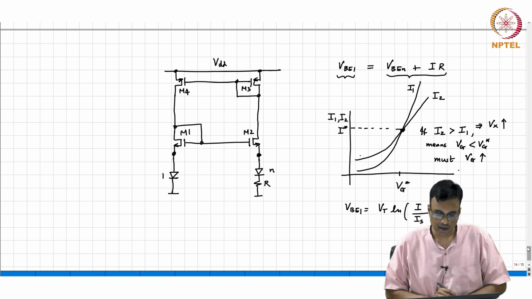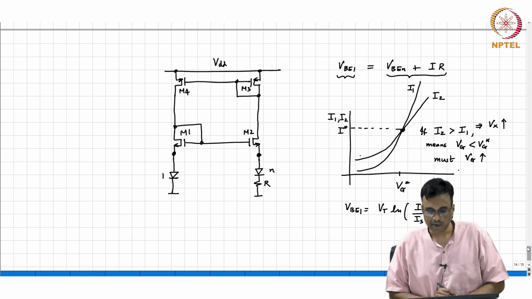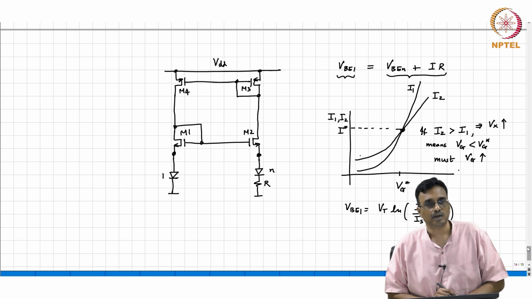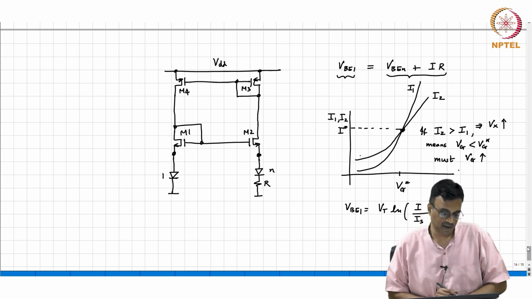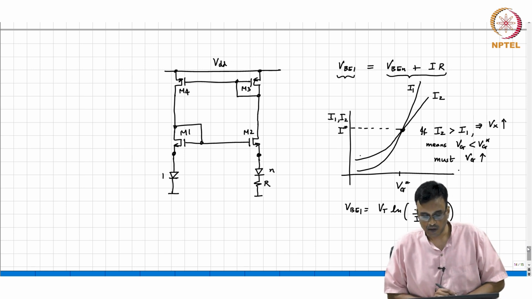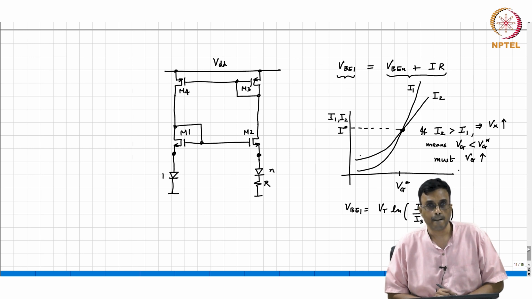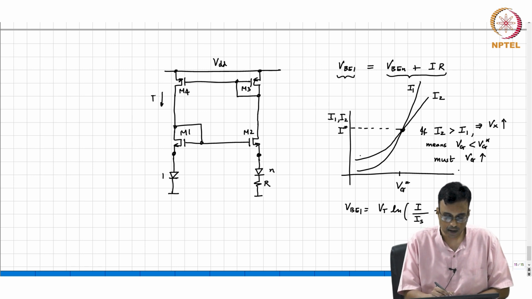After all, the basic principle is still: generate a PTAT and then use that PTAT, amplify it by an appropriate amount and add it. So here, how do we generate the PTAT voltage? I mean, how do you generate the band gap voltage? This current is PTAT.